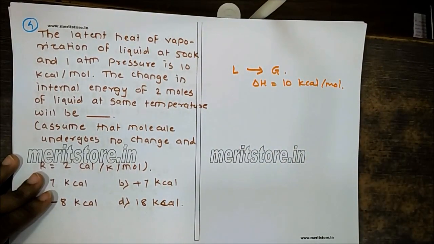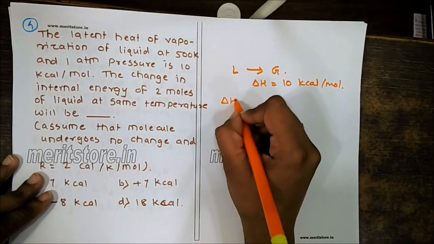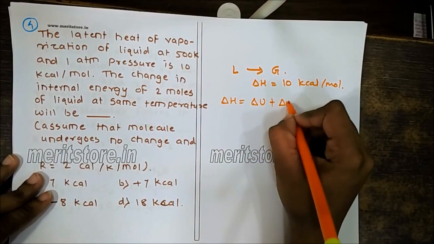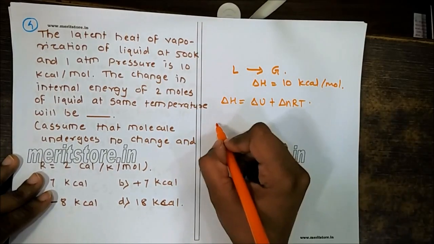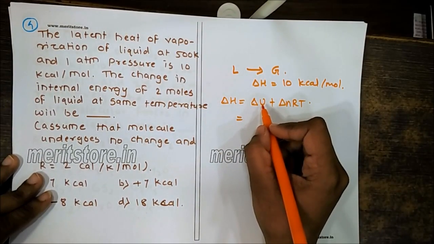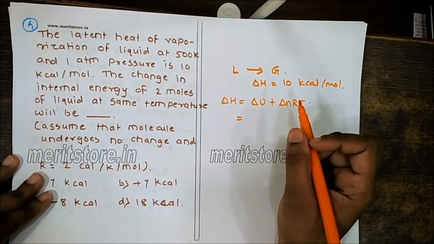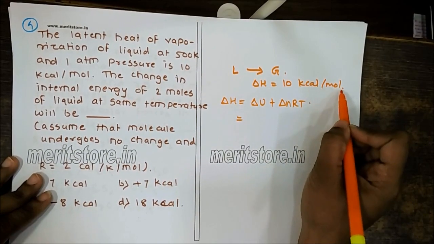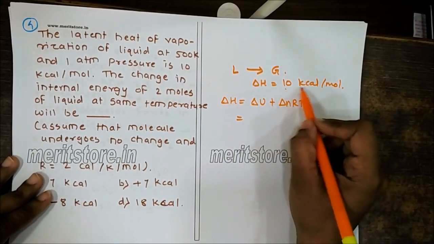Now, when we talk about the delta H calculation, delta H is equal to delta U plus delta nRT. Now, let us first talk about delta U. The latent heat is given to be 10 kilocalories per mole. So, for 1 mole, it is 10 kilocalories.